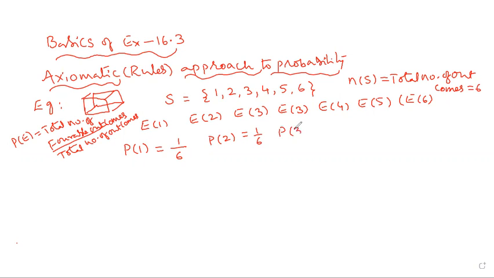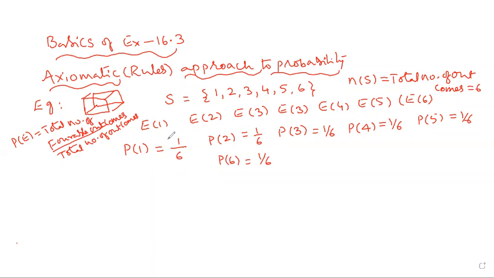Probability of 3 is only one time, therefore 1 by 6. 4 also comes one time, therefore 1 by 6. 5 also comes one time, therefore 1 by 6. 6 also comes one time, therefore 1 by 6. Okay, now.